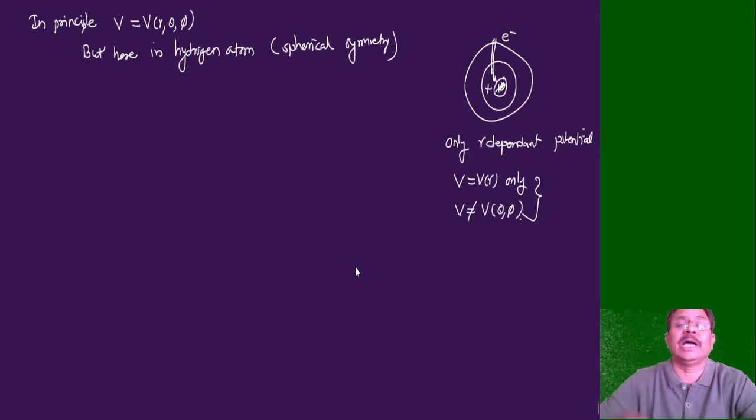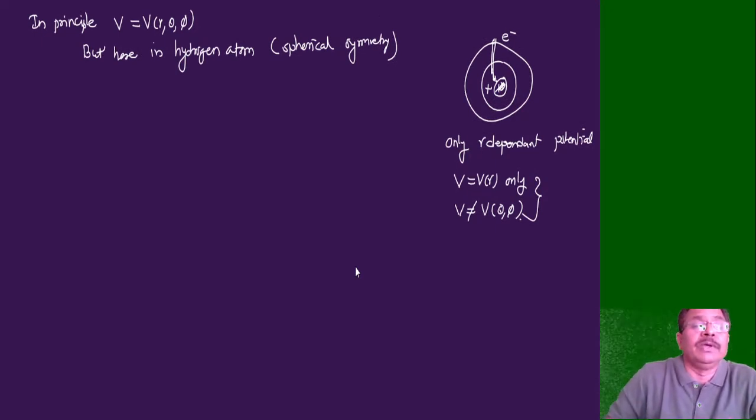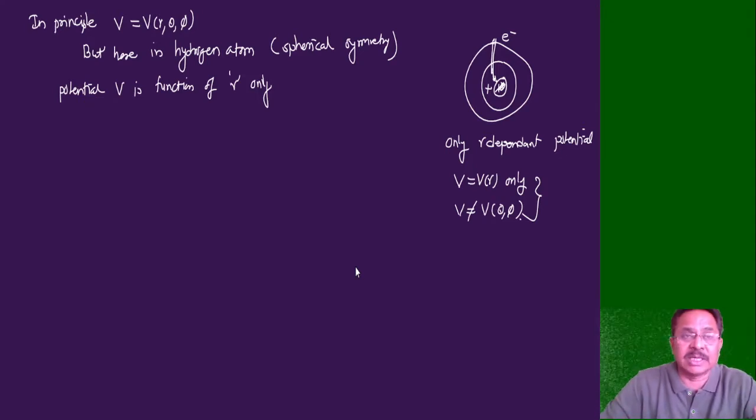Here in the hydrogen atom, because of the spherical symmetry, potential V is a function of r only, only one parameter. V is a function of small r only, it is not a function of theta and phi.